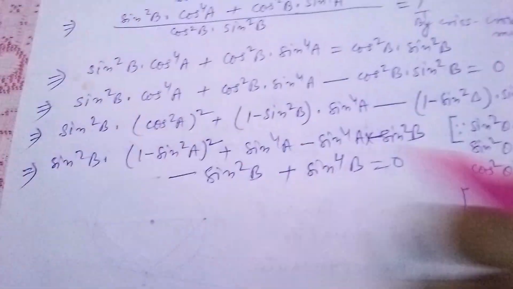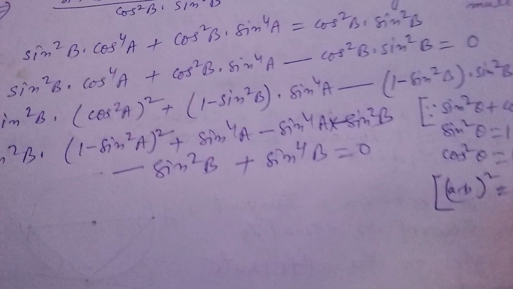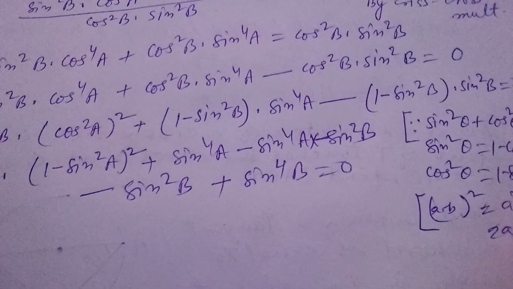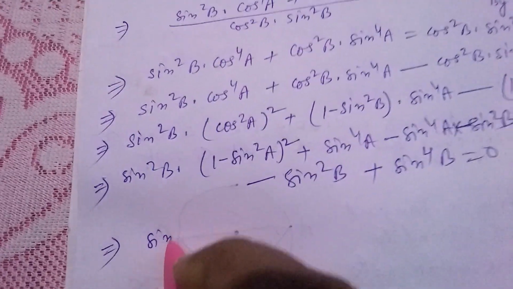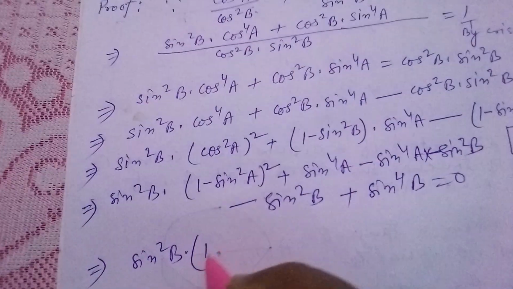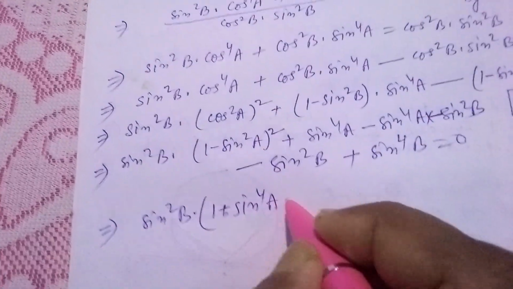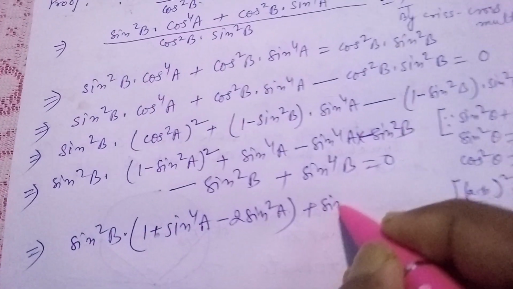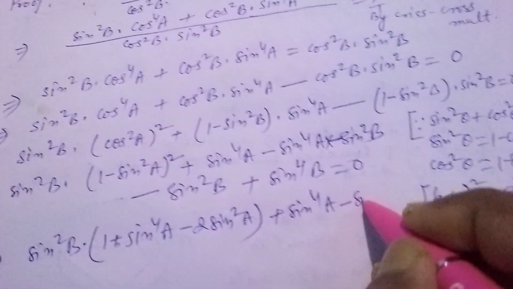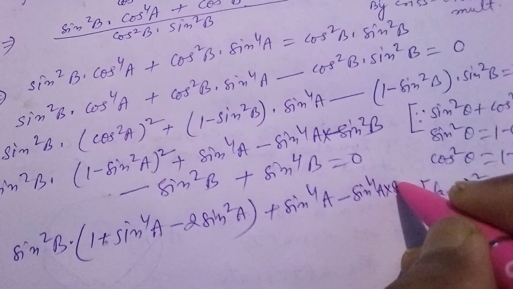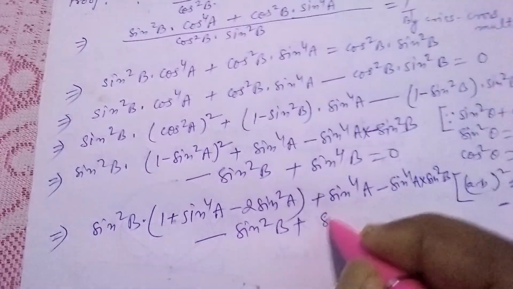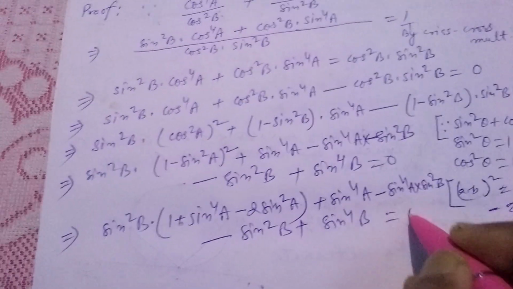Now again you see here a minus b to the whole square is a square plus b square minus 2ab. So here we'll write sin square b into 1 plus sin to the power 4a minus 2 sin square a plus sin to the power 4a minus sin to the power 4a into sin square b minus sin square b plus sin to the power 4b equals 0.